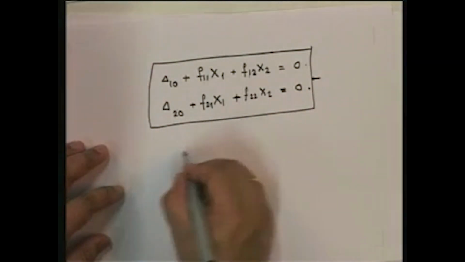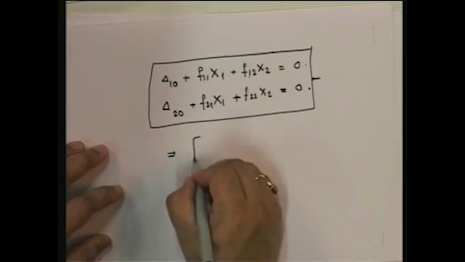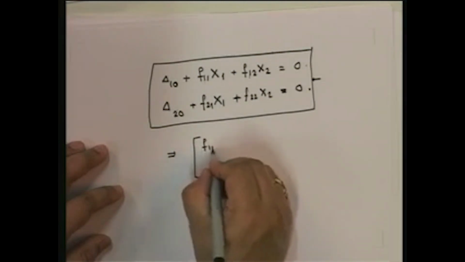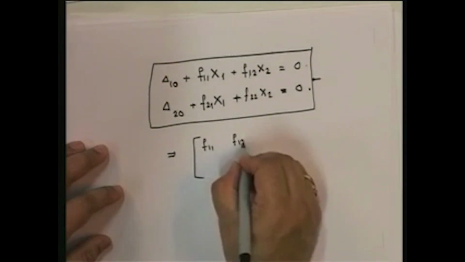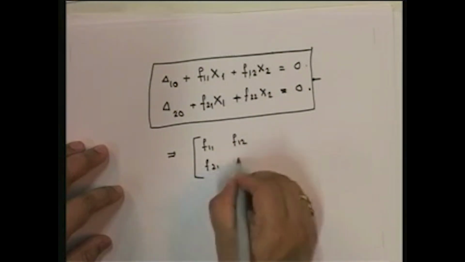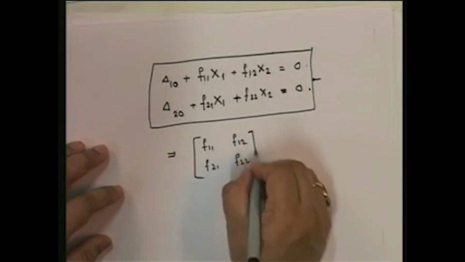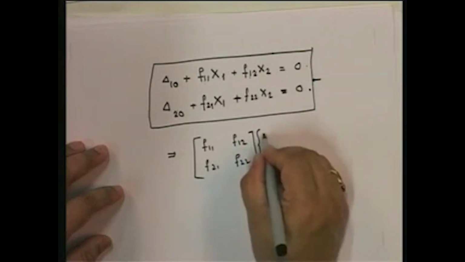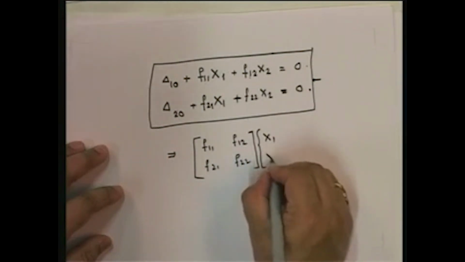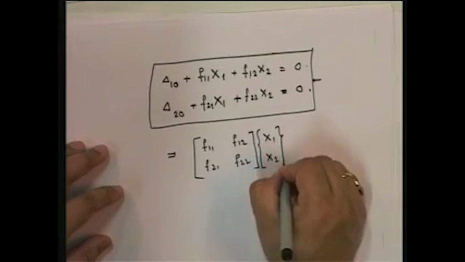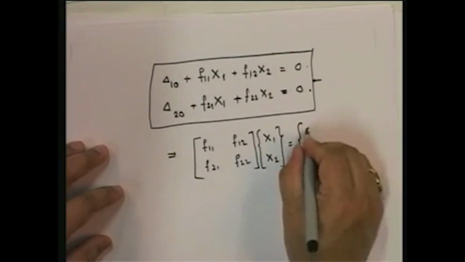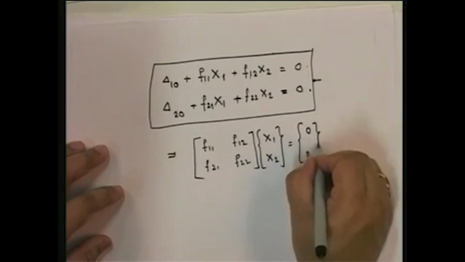I can rewrite this as the matrix F11, F12, F21, F22 times x1, x2 equal to 0, 0.